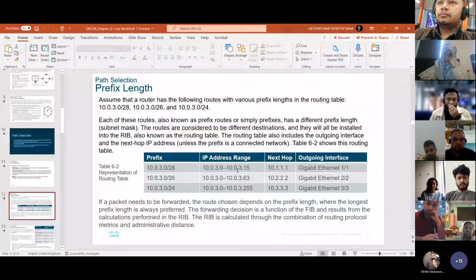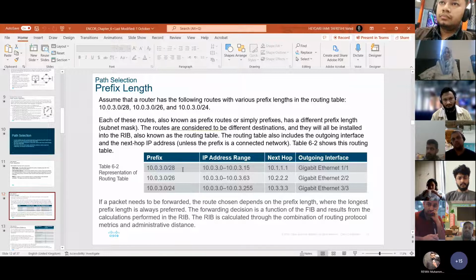Therefore, if this is my router and I receive a packet for this network, but the destination has the subnet mask /28, which is more specific than /26 or /24, I'm going to send out my packet this way, through Gigabit Ethernet 1/1, not through 2/2 or 3/3.